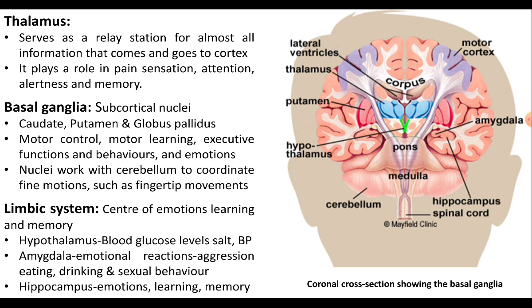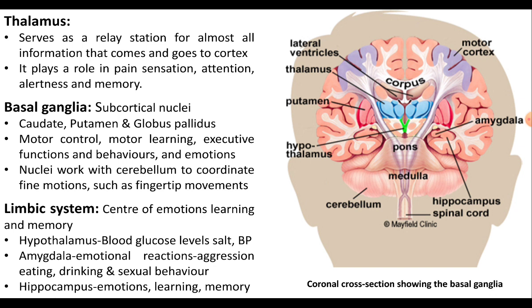The basal ganglia is nothing but a group of subcortical nuclei, which includes the caudate, putamen, and globus pallidus, where it mainly controls the motor learning and it executes the functions and behavior. These subcortical nuclei work with the cerebellum to coordinate the fine motions such as the fingertip movements.